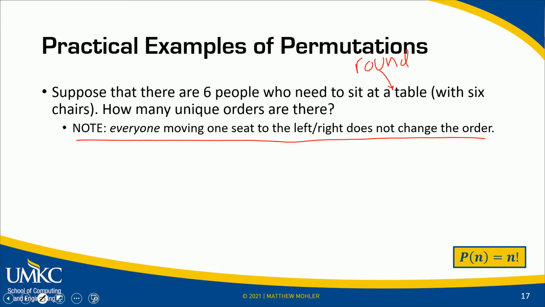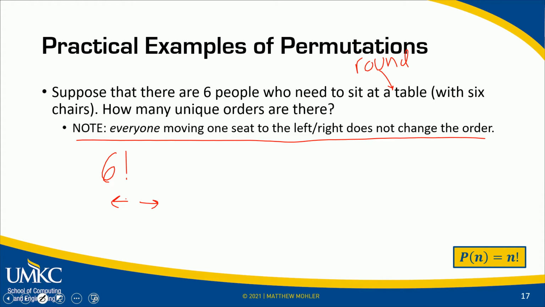So in this case, really what we've done is we've eliminated one of our choices. So previously, if this were not a round table and moving left or right made a difference, we would say that the answer to this problem is just 6 factorial. But moving everyone left or right doesn't matter. And there are 6 different places that you could have a person start at.